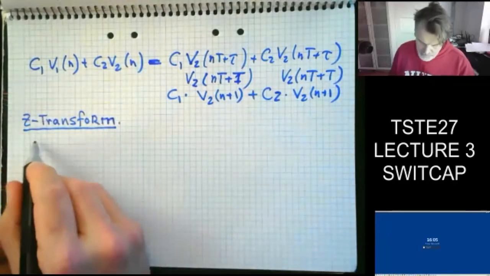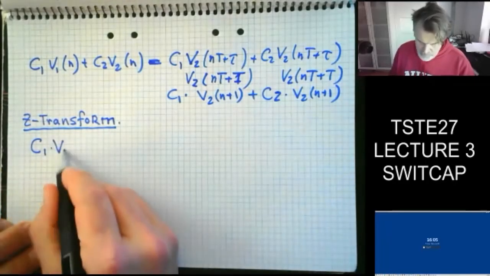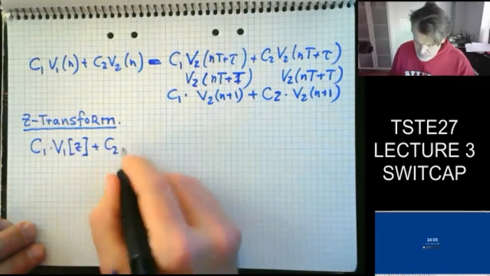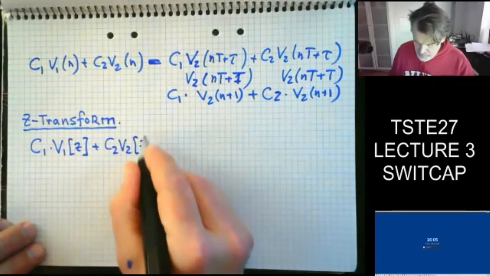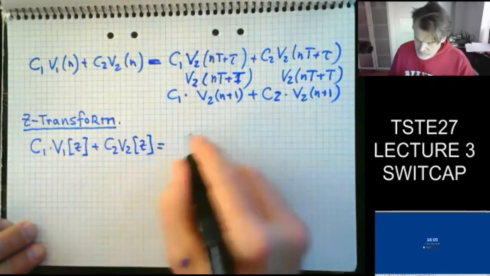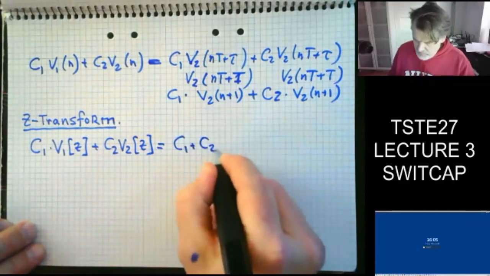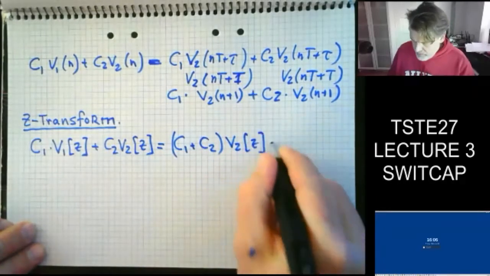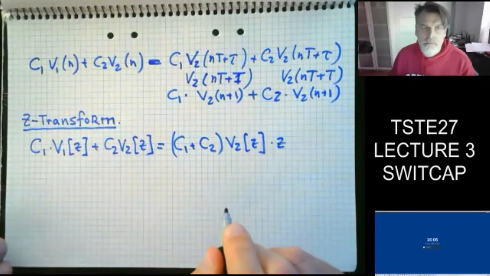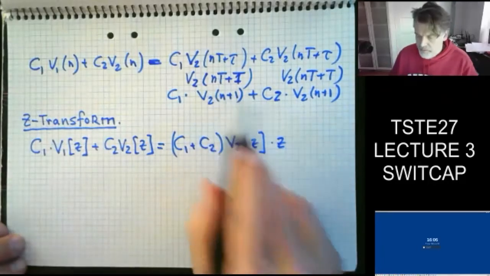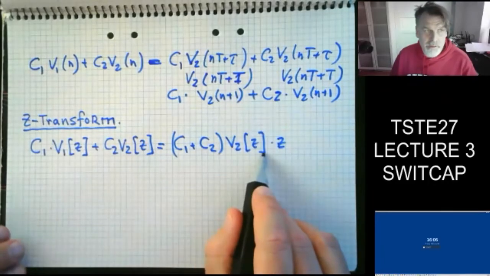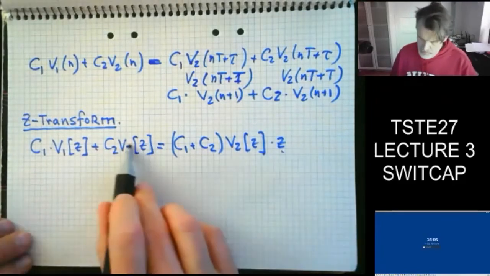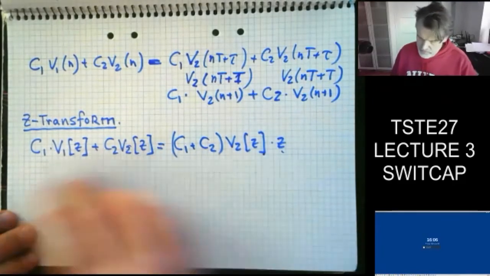So that gives us C1 times V1 of Z plus C2 times V2 of Z is equal to C1 plus C2 times V2 of Z times Z. I have a delay of 1 here, so I can multiply my Laplace transform or Z transform with a Z. And now I can move also V2 to the other side.